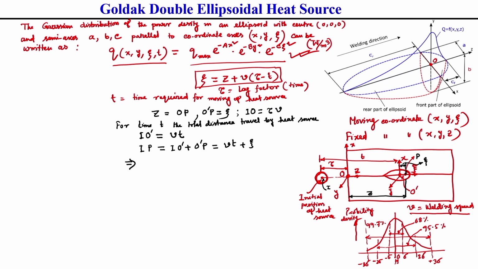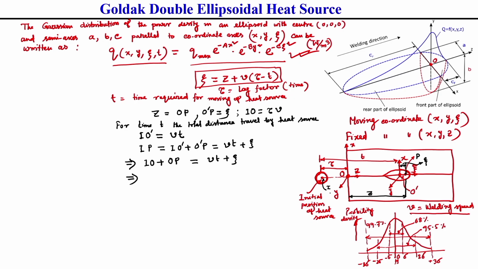So, what is IP? IP you can write as IO plus OP. So, this is equal to Vt plus zeta. So, what is IO?